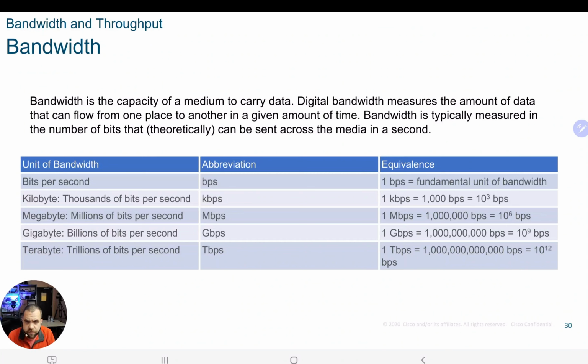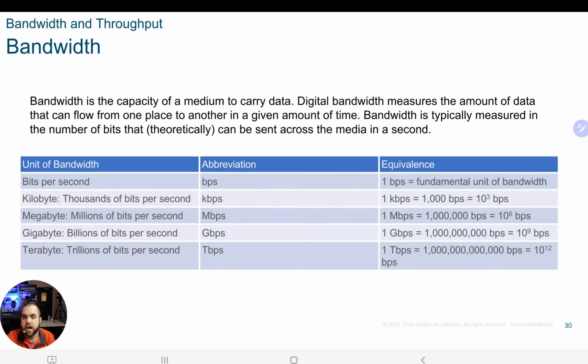And for this, we use bits per second. Notice we are not saying megabytes. We're using the actual bits as our smallest one, that BPS. So you can see there the lowercase b on there is megabits per second, okay? And then as we go down here, we'll see that it has the millions of bits per second.